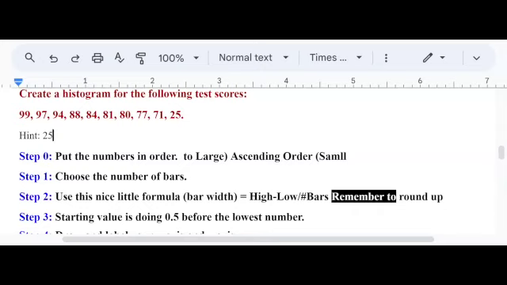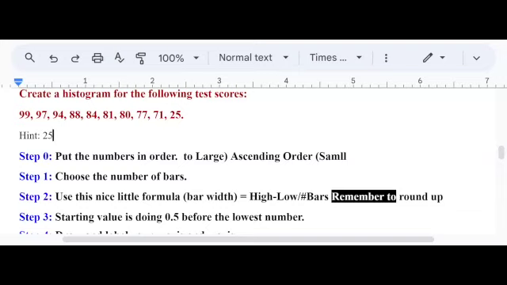So from 25, we're going to start with 24.5.